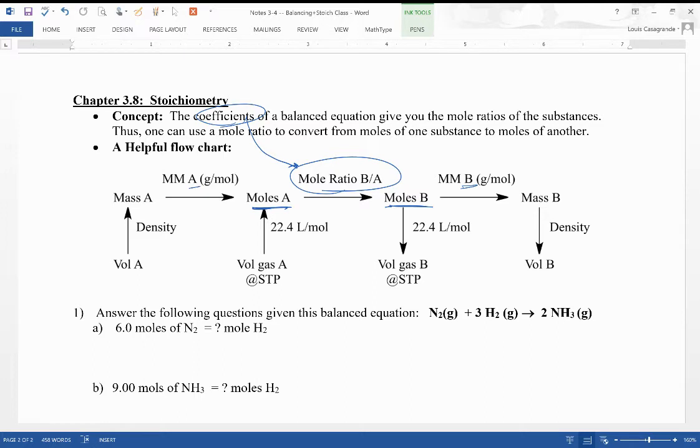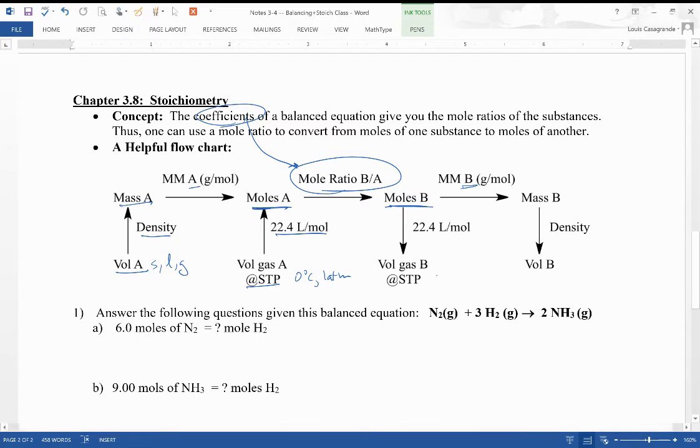Also, you notice on this flow chart that you won't always be given moles as a starting or ending spot. So you will have to do some conversions. You can be given the mass, you could be given a volume, and this volume could be a solid, liquid, or a gas, and be given the density of the material, convert to mass. You can be given a gas at STP, and if you remember STP, 0 degrees Celsius and 1 atmosphere, at STP we had a conversion factor of 22.4 liters of the gas.